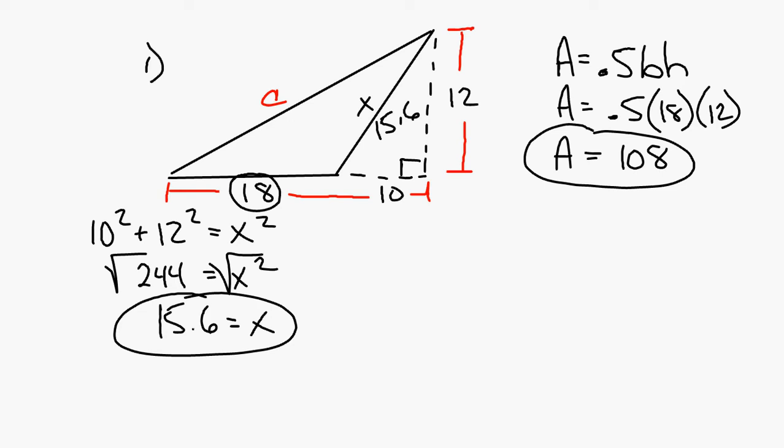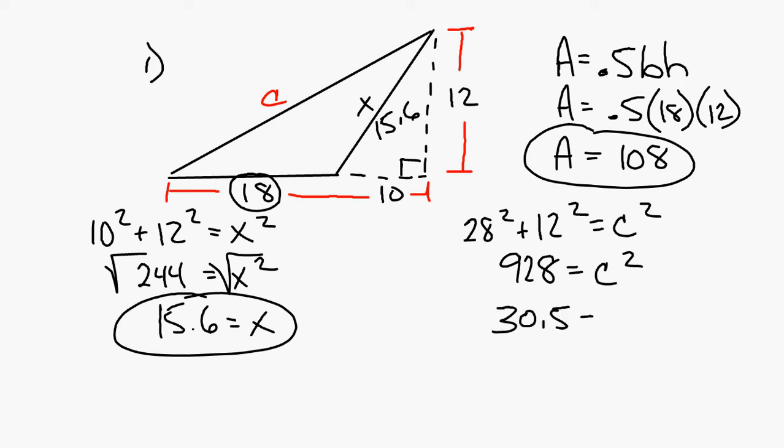So you got 28 squared plus 12 squared equals C squared. 928 equals C squared. So 30.4. Actually, it's 30.5. 30.5 is equal to C. So this up here is a 30.5.